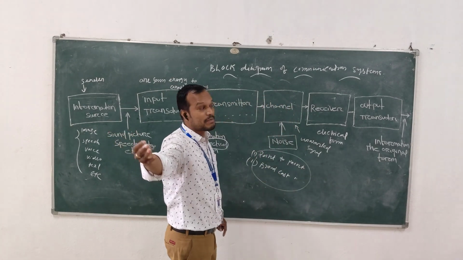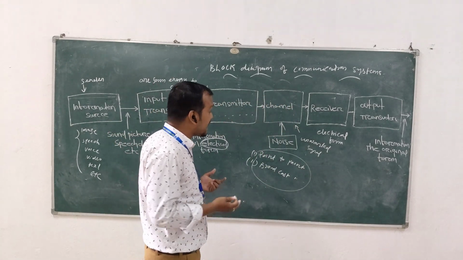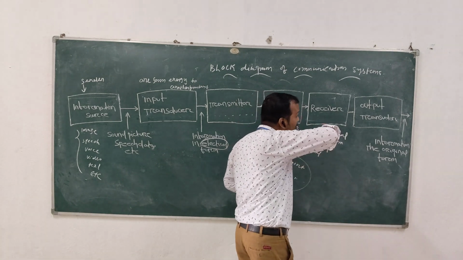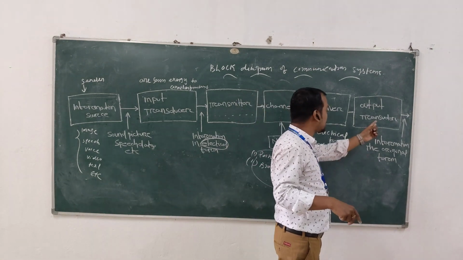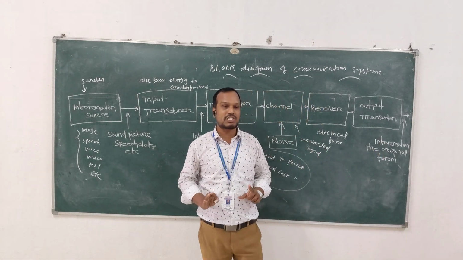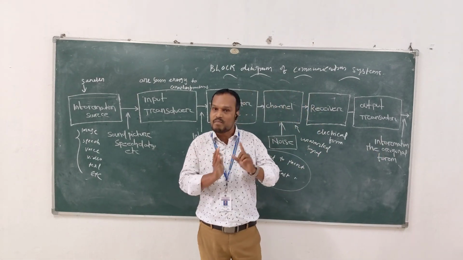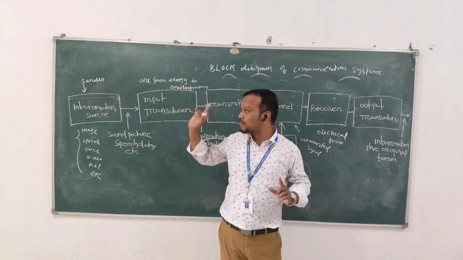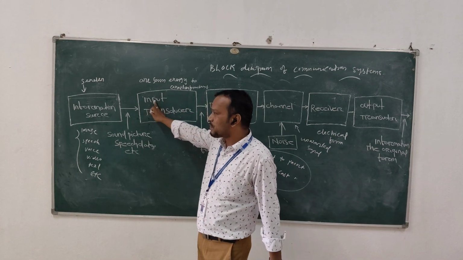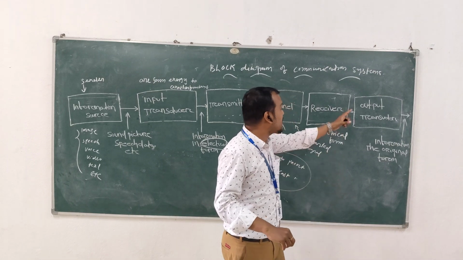But at the end of the receiver, we don't understand the electrical energy, so we have to convert it again from electrical form to non-electrical form. For that we use the output transducer. As you know, a transducer is a device which converts one form of energy to another form of energy. In the block diagram of communication system, we use one transducer as the input part and similarly another transducer at the receiver part.